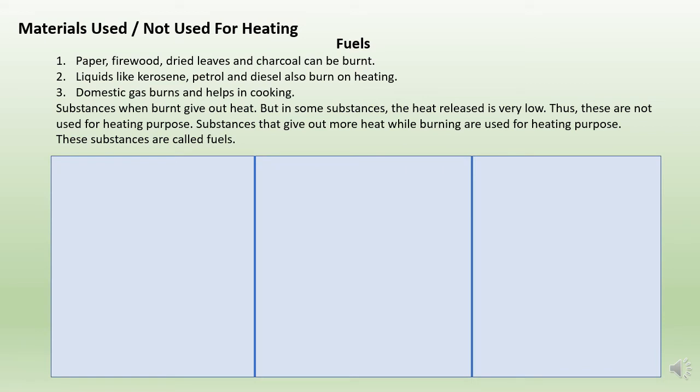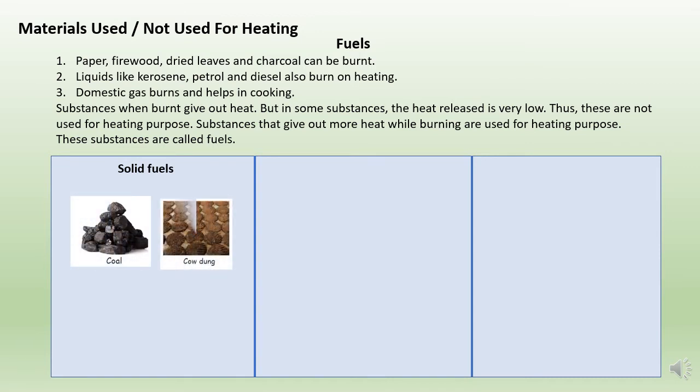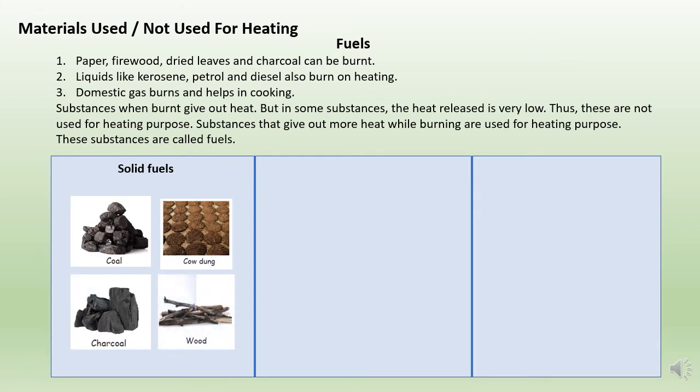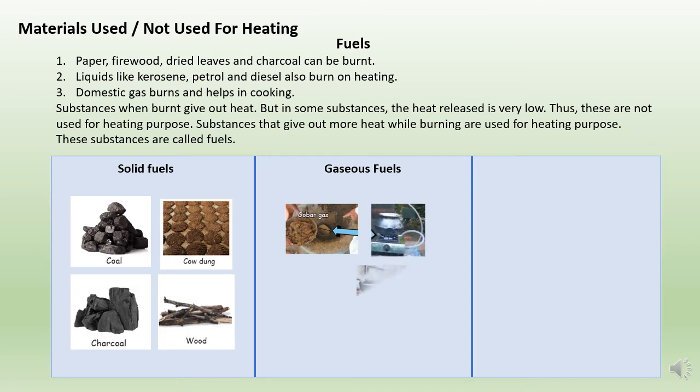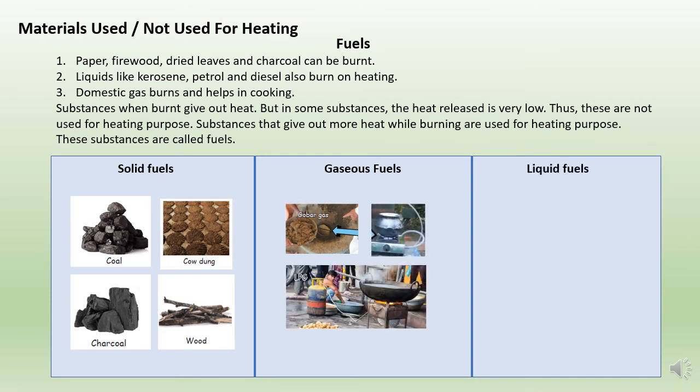So basically we are talking about fuels. Now paper, firewood, dried leaves and charcoal can be burnt, as well as liquids like kerosene, petrol, diesel also burn on heating. Domestic gas which we use for cooking also burns.